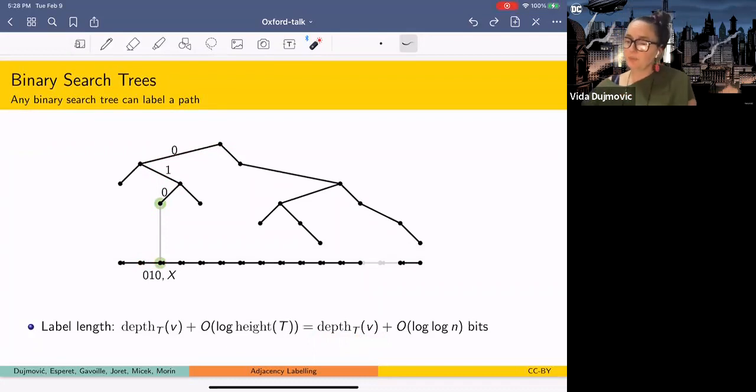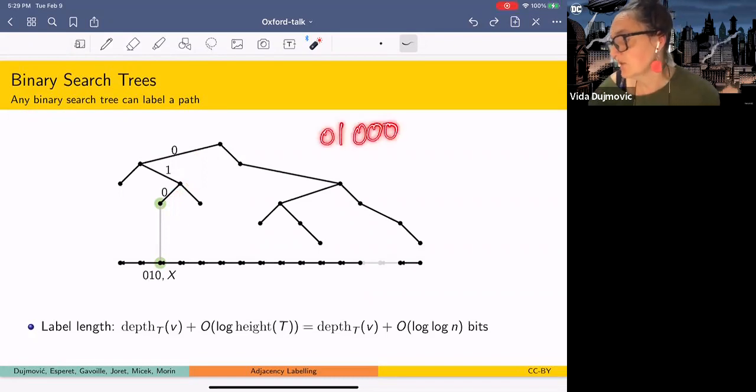But in this situation, when you don't have a left child in the binary search tree, you can always find your predecessor by going backwards in your label, and it has to be 0, 0, 0, 1. In this case, there's only one 0. So if you have a label 0, 1, 0, 0, 0, you're going to find your predecessor by removing all the 0s and the first 1. You're going to get the label of your predecessor.